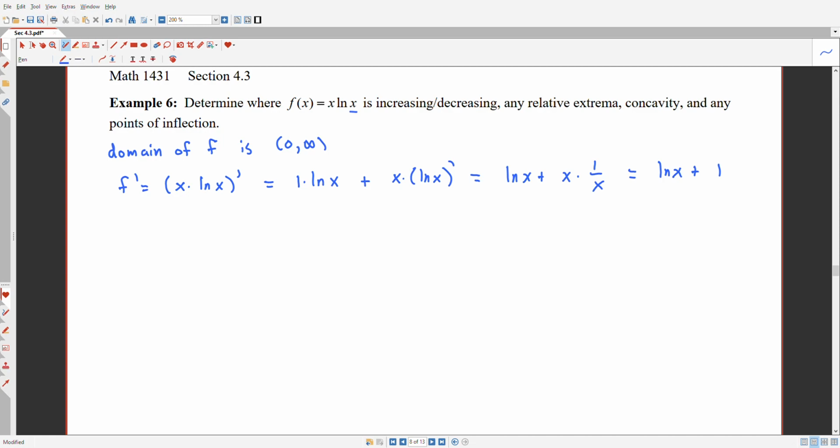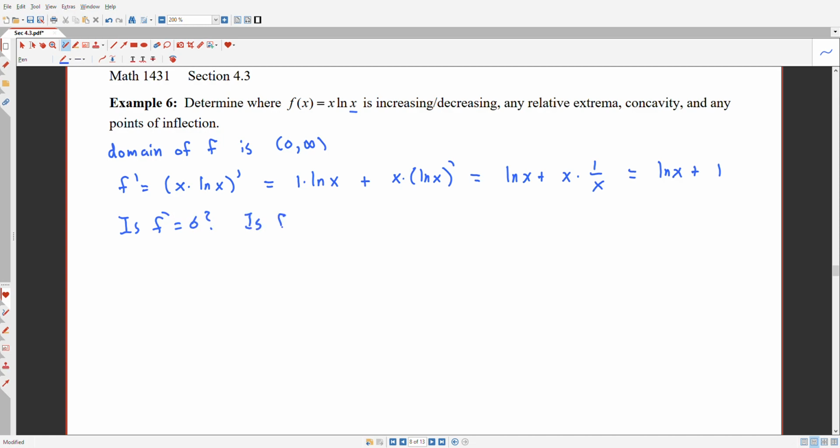So I have a formula for f prime. It's natural log of x plus 1. And I want to determine when is f of x increasing or decreasing. So I first want to see, hey, when is f prime equal to 0?